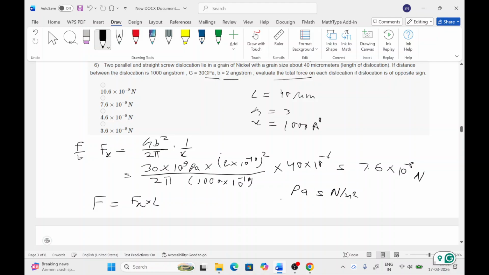So when you calculate the unit for this, you will get Newton. So the second option is correct for this. This force formula is derived in the week 8 lectures.